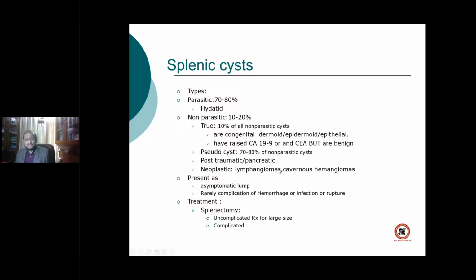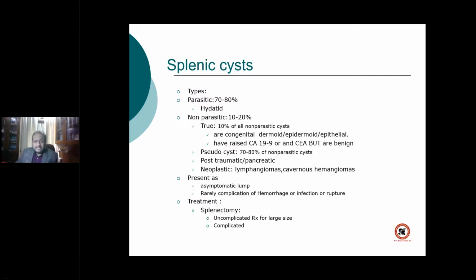Now, in a true cyst, which is a dermoid, epidermoid or epithelial cyst of the spleen, you would have a raised CA19-9 and CEA, which is contrary to the belief that these are tumor markers. That means they should be raised in a patient who has malignancy.